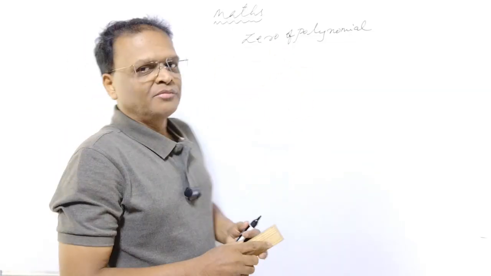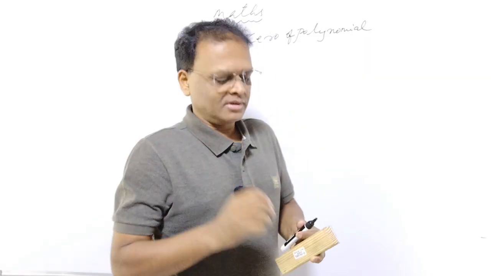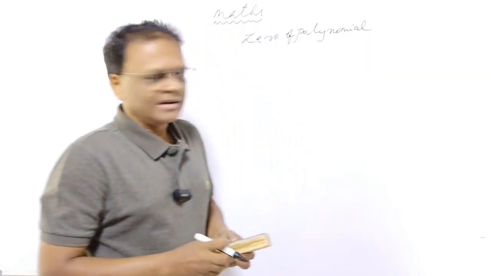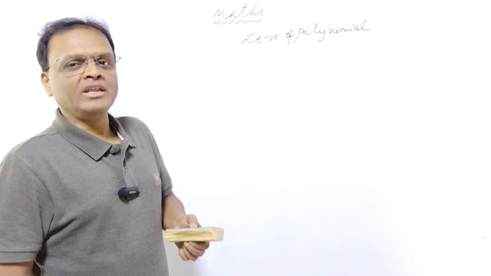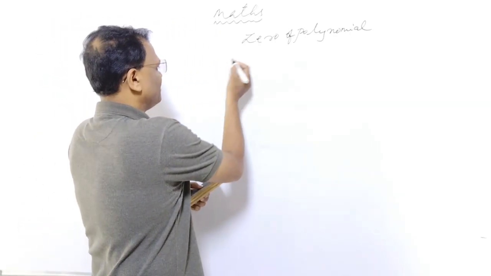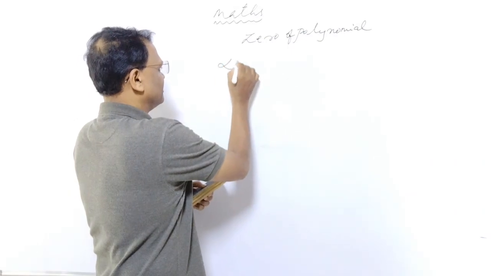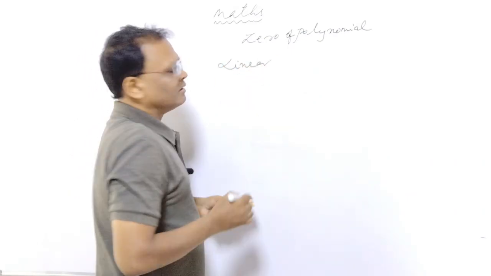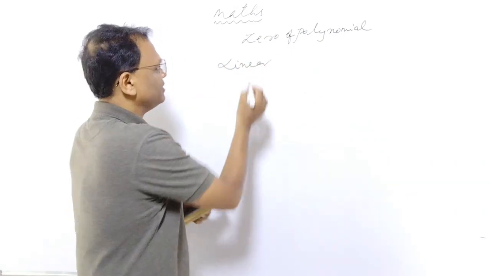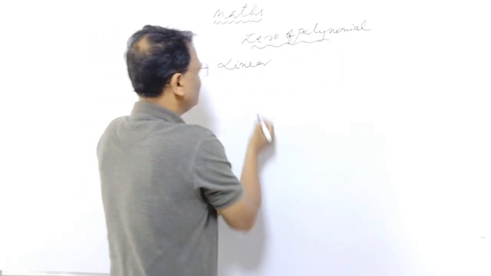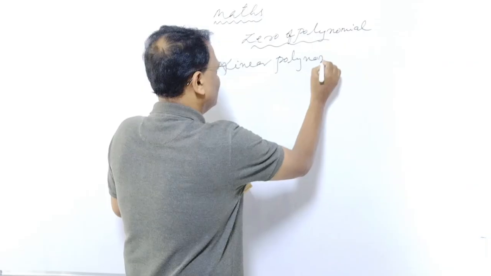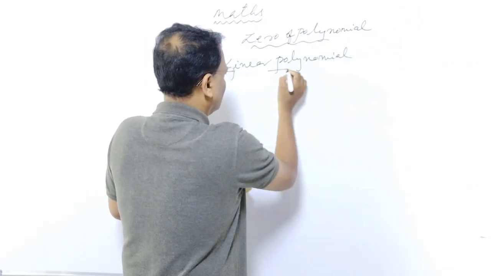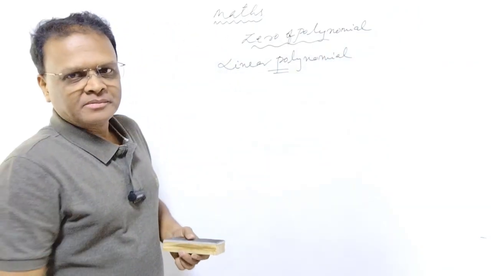Remember, finding the 0 of the polynomial is very important. After this we'll discuss the previous years' questions, which are most frequently repeated. Now we are finding the zeros of the linear polynomial. How to find the 0 of the linear polynomial?